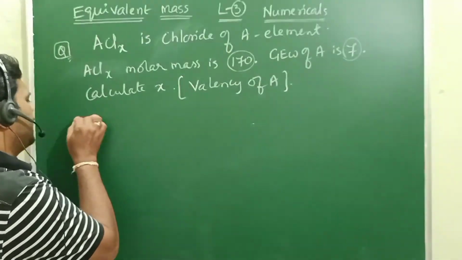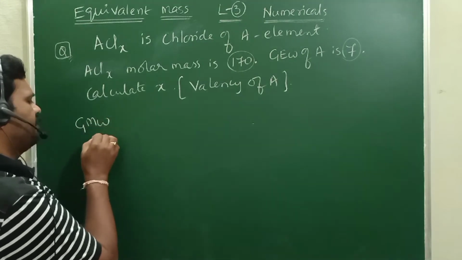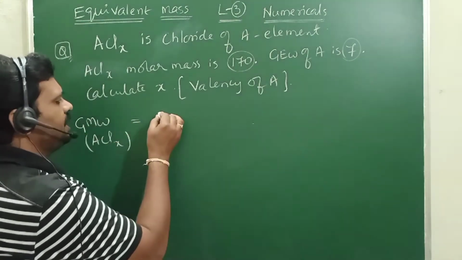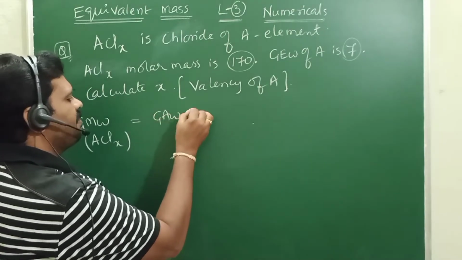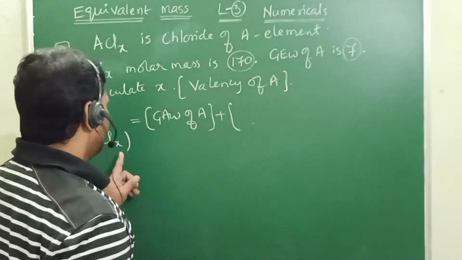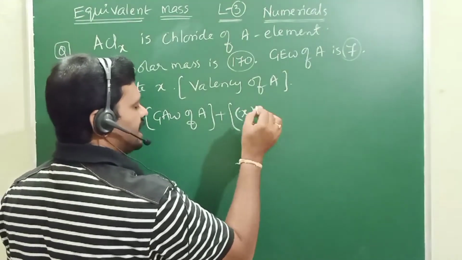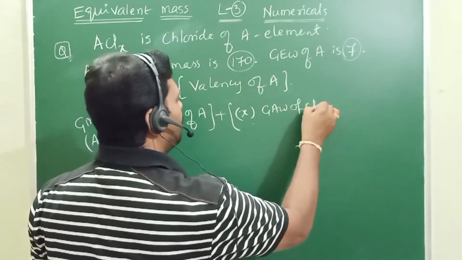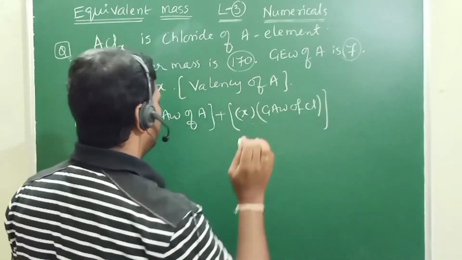Now if you see, gram molecular weight of AClX, generally what we will do, that is equal to gram atomic weight of capital A plus X times gram atomic weight of chlorine.